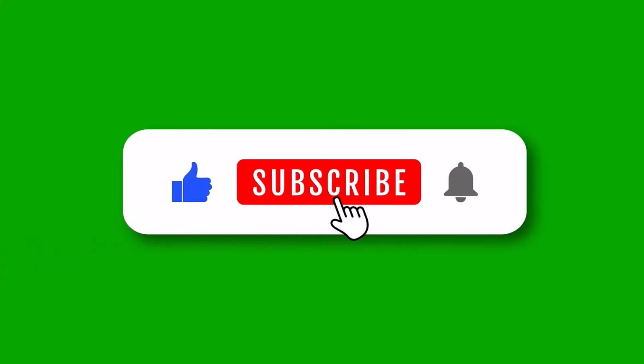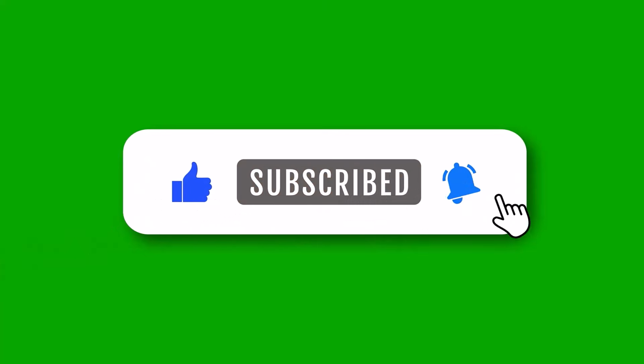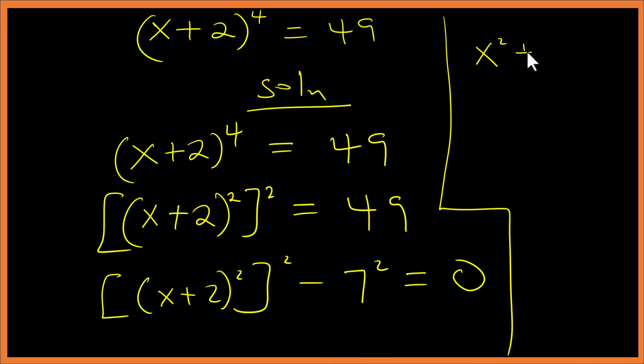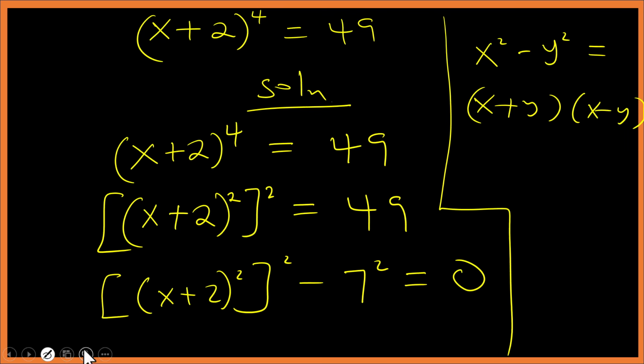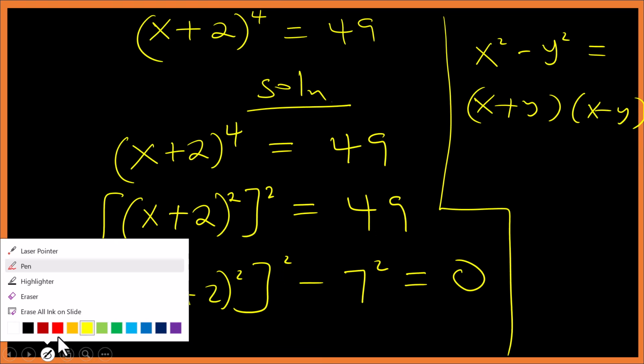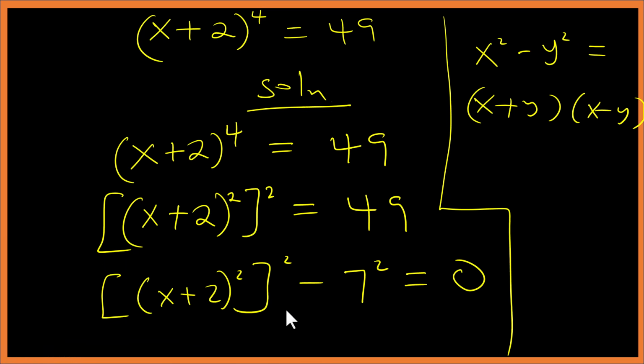So when you're given x squared minus y squared, it is the same as (x plus y)(x minus y). That is the difference of 2 squares. So we have this one as x and this one as y.